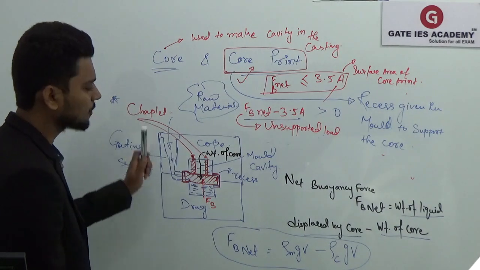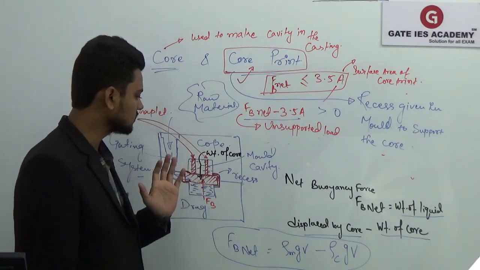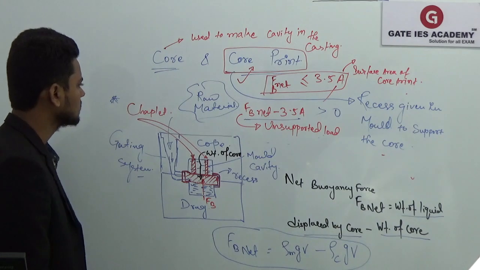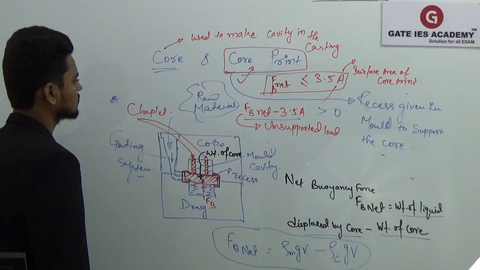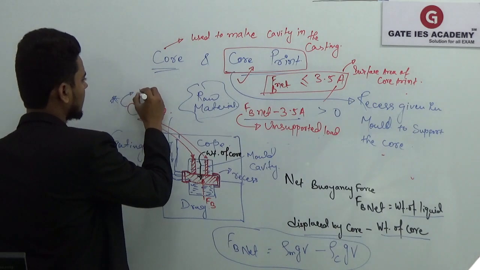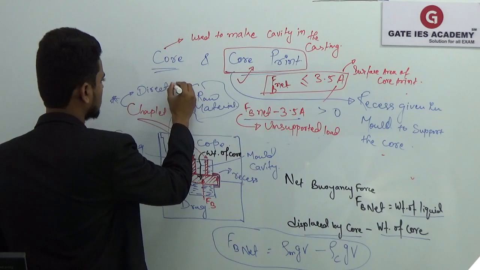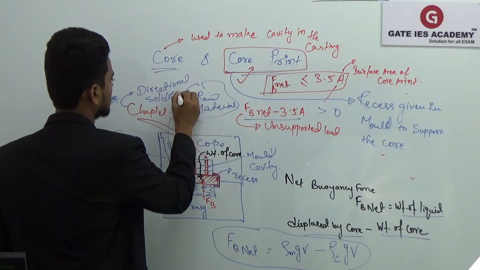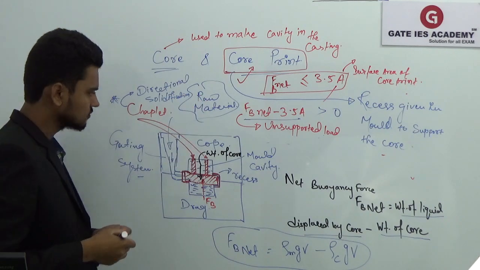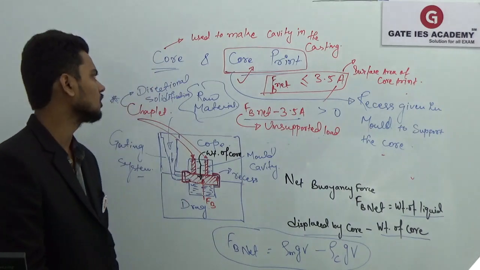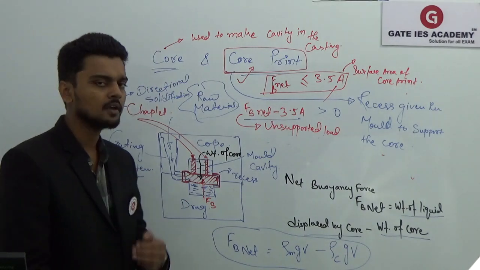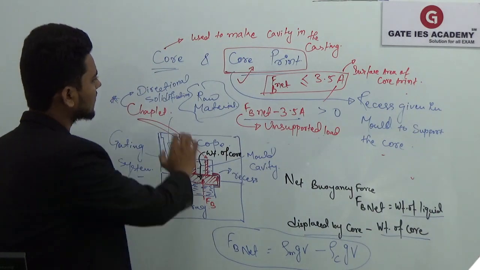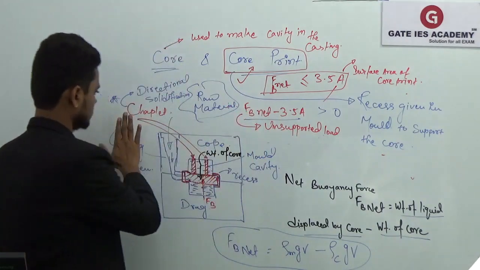So chaplet is used to support that core, to keep that core in position in that mold cavity, and as an additional function, obviously it is used for directional solidification. We'll discuss that directional solidification when we will discuss the chills. Okay. So this is all about that core print and the chaplet.